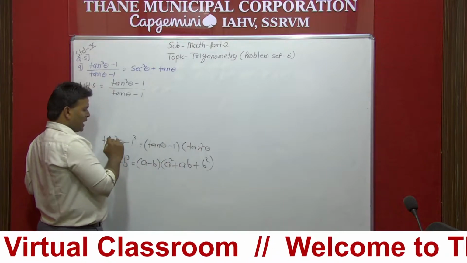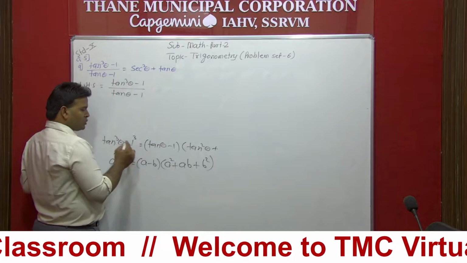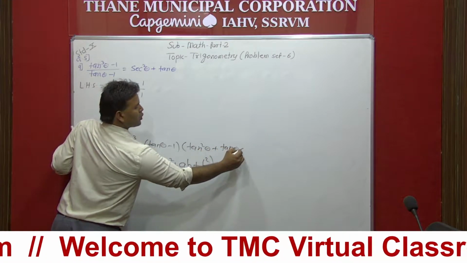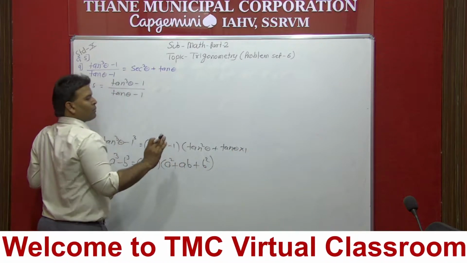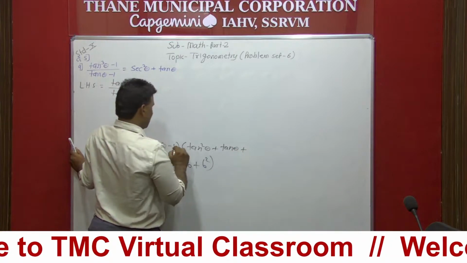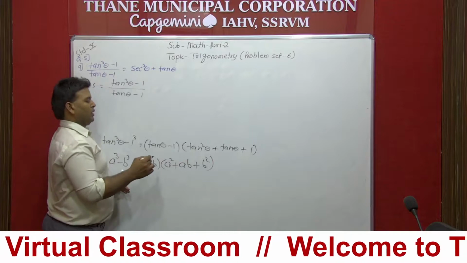The first term is tan theta, so tan theta square, plus first term into second term, that is tan theta into 1. Tan theta into 1 means tan theta only, so no need to write 1. Plus 1 the whole square. 1 square is 1. This is the formula.